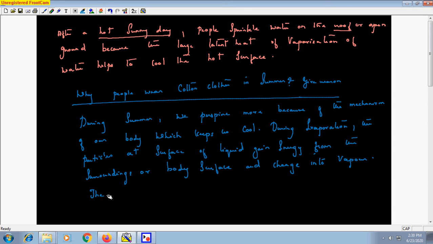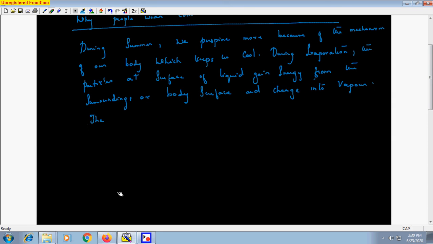There is some latent heat here, because after saturation is reached, during peak summer it might be 40 degrees also. After that, the heat will not be absorbed by the medium, that is the body or water. It will be used up by the particles or the surface. That heat is latent heat. The more energy given, at a certain level it stops heating.